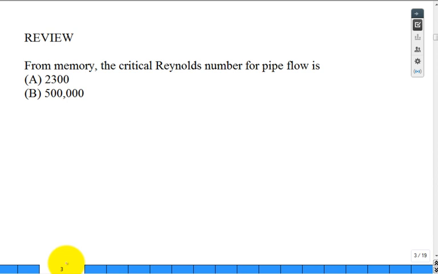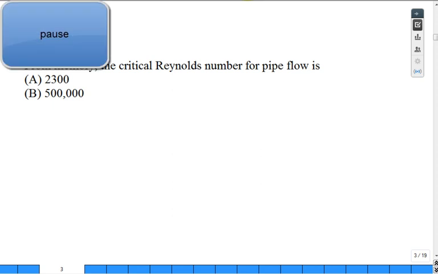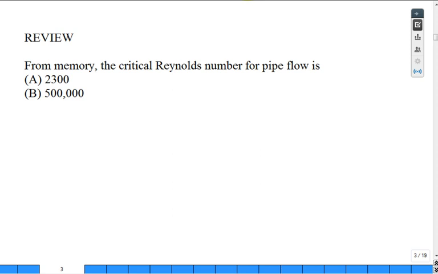Ooh, let's ask a clicker question. This is all review from memory. Maybe you don't have that good a memory, maybe you do. The critical Reynolds number for flow inside a pipe is either 2,300 or 500,000. This is pipe flow, people. Last chance for some to get correct.